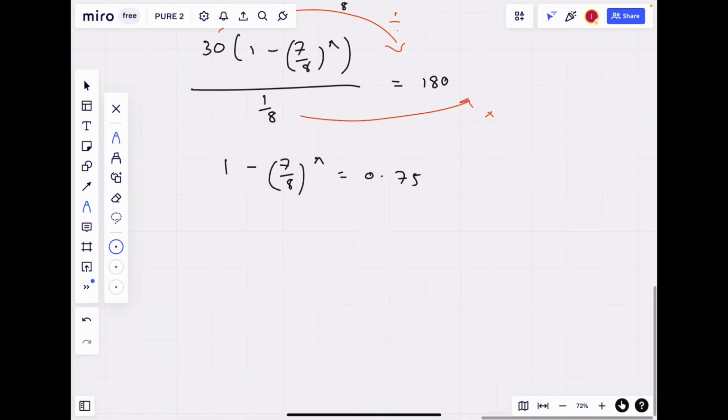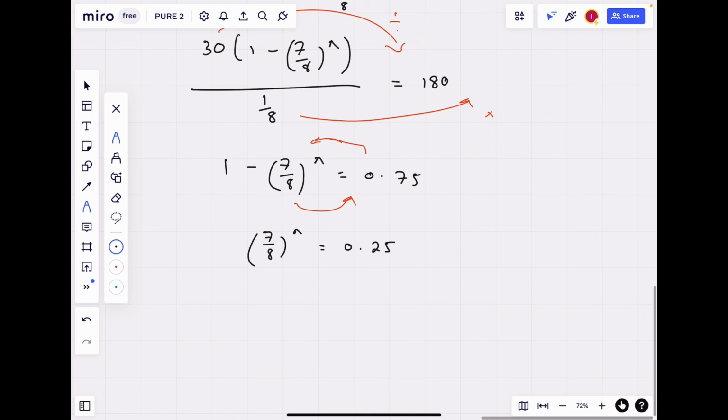Cool. Now, 7/8 to the power of n equals 0.25. That's me taking this to the right and that to the left. That way, you get rid of that negative in front of the bracket.